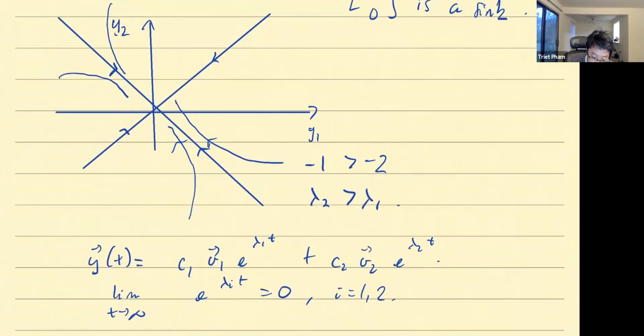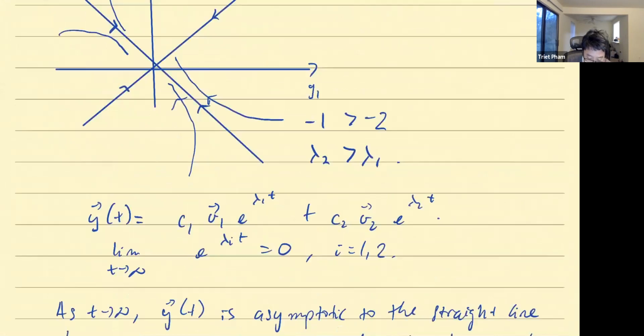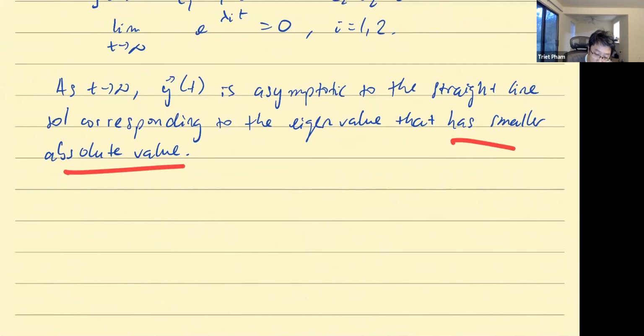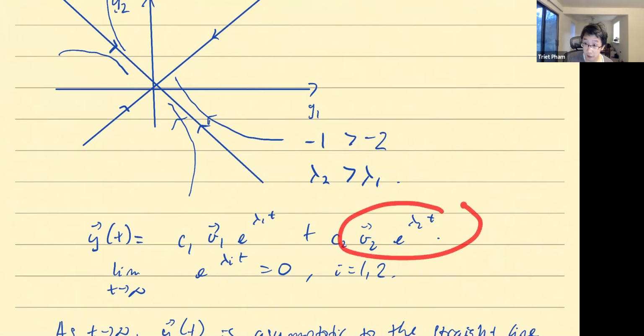So in my example, I let lambda 2 be minus 1. Oh sorry, not smaller, but smaller absolute value. So lambda 2 is minus 1 or lambda 1 is minus 2. In Will's words, it's less negative. That's perfectly fine if you understand what that means; I just want to be more precise. Because this is less negative, when t goes to infinity this is much bigger than this, even though both of them are quite small, okay?